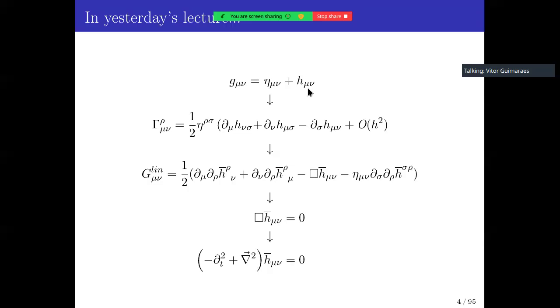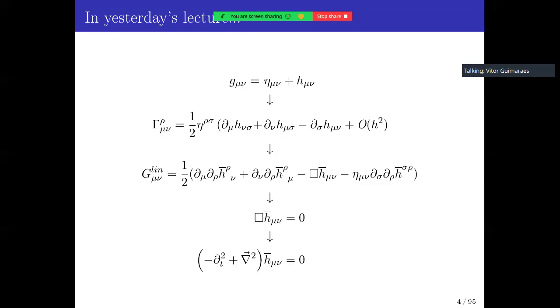We plugged this correction into the objects that we must construct to compose the Einstein field equations. Keeping to first order in this perturbation, we constructed a linearized version of the Einstein tensor, and thus we were able to construct a linearized Einstein equation, okay?